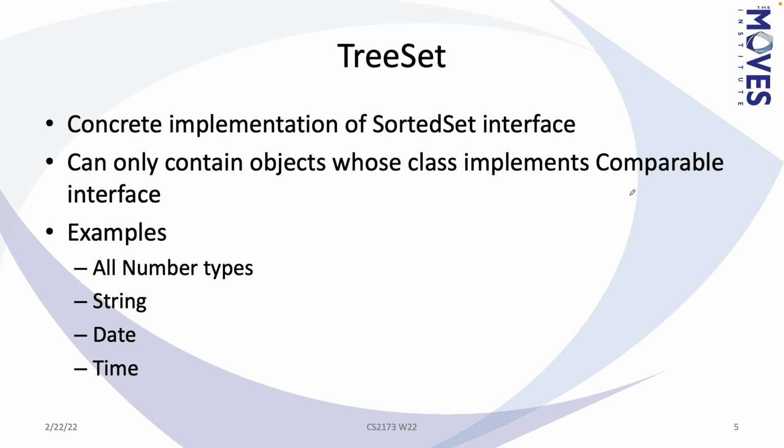So a TreeSet, again, a concrete implementation, can only contain objects whose class implements the comparable interface. There are two levels to this statement. This is true at the first level, and mentally put a little bookmark on that statement because it's basically true and has an exception.